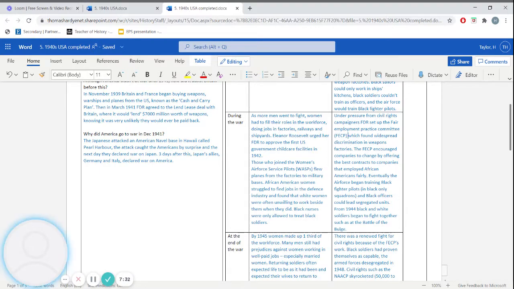They weren't getting paid as well. So what they did was they encouraged companies by recommending to the government which companies should be offered the best contracts. They offered those contracts to the companies that employed African Americans fairly. And this eventually led to better and fairer employment opportunities in those weapons factories.